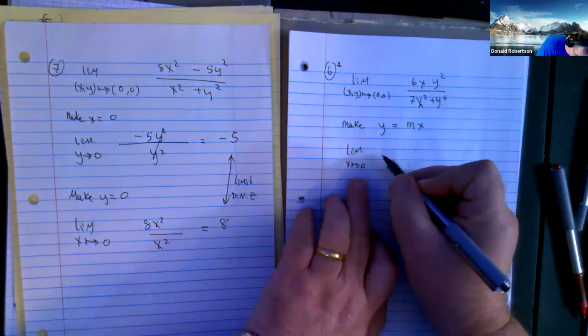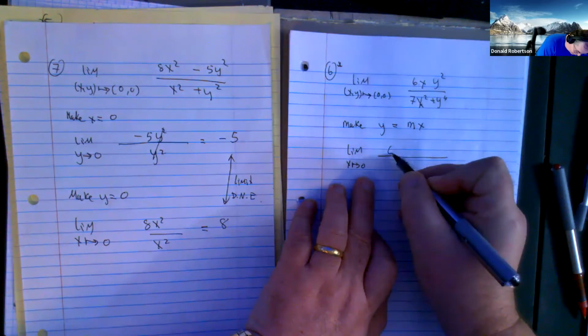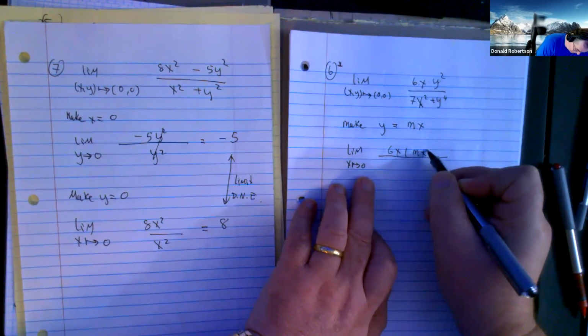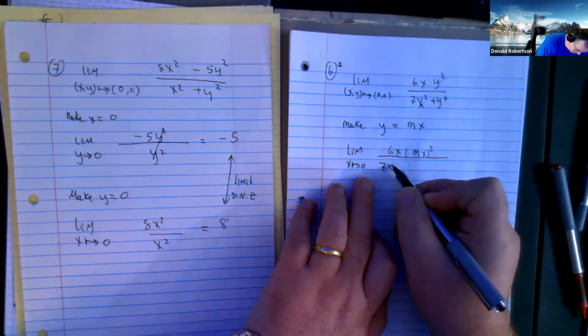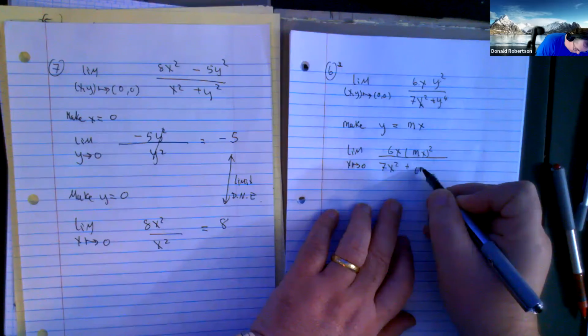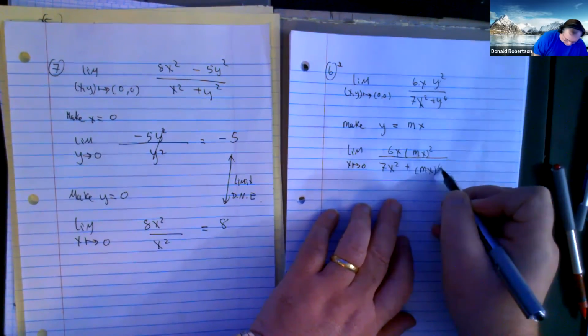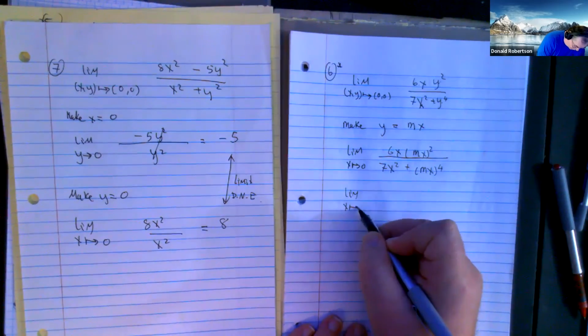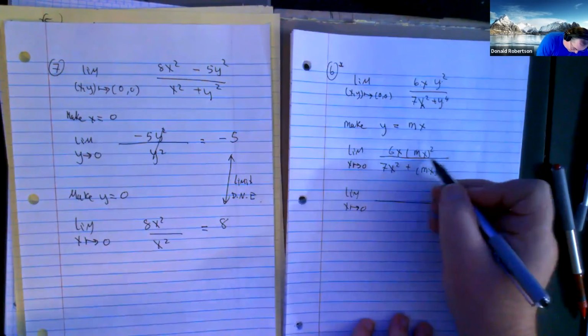Now what does that do? Well, you've got 6x y squared over 7x squared plus mx to the 4. And now I'm going to try and find out what the limit as x tends to 0 of this would be.